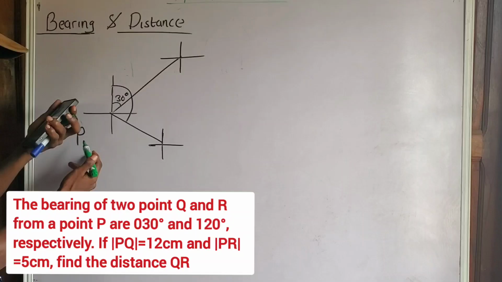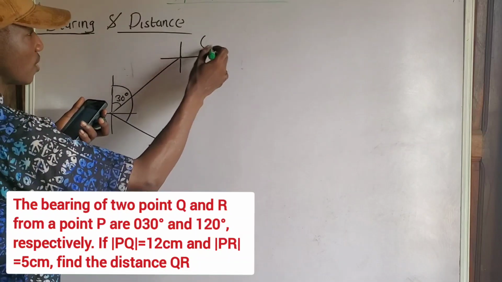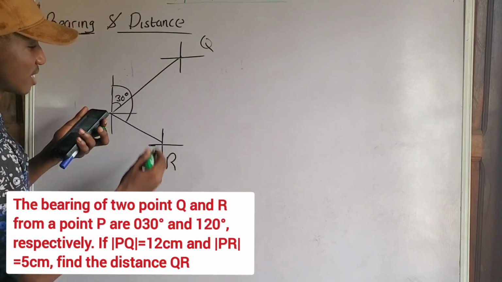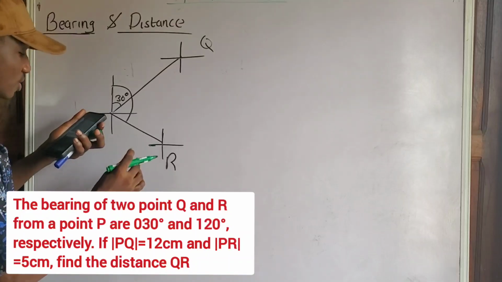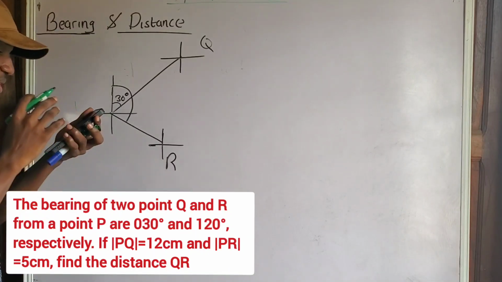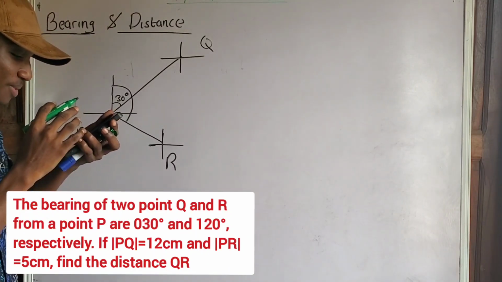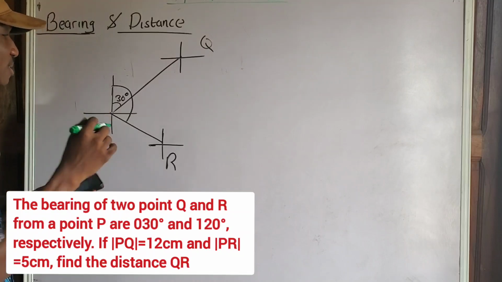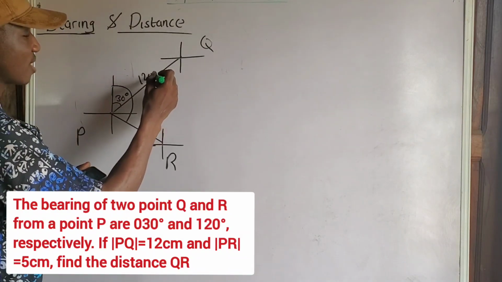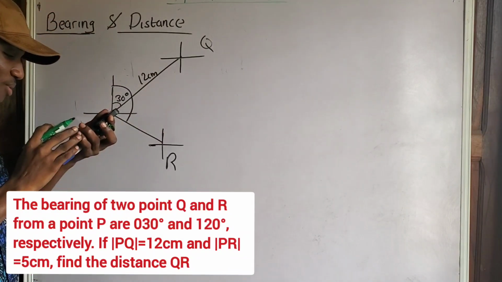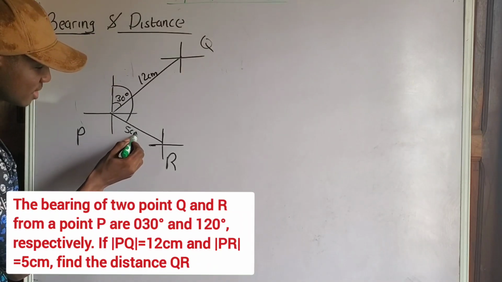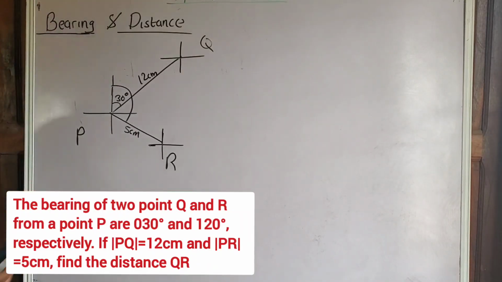Okay, so this is P, then this is Q, and this is R. Now the goal is to find distance. Don't forget that we've been given in the question that line PQ is 12 centimeters. So this is 12 centimeters, and line PR is 5 centimeters. So this is 5 centimeters. Do you understand?